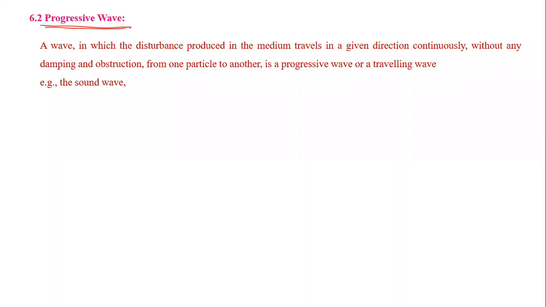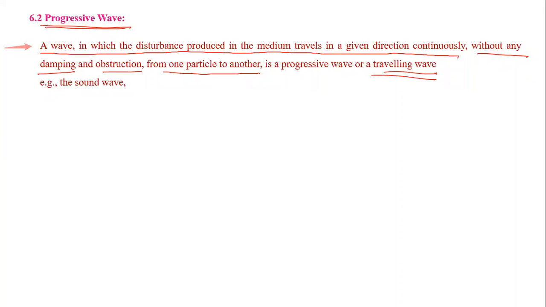So you can see here the definition of the progressive wave: a wave in which the disturbance produced in a medium travels continuously in a particular direction, without any damping or obstruction, from one particle to another particle. It is also called a traveling wave. An example is sound wave.